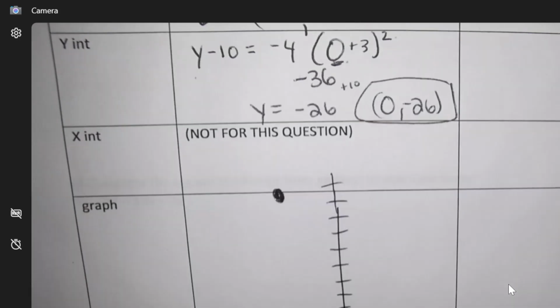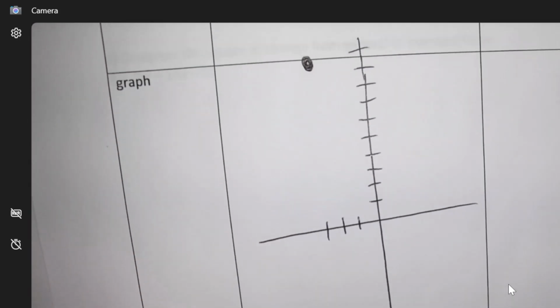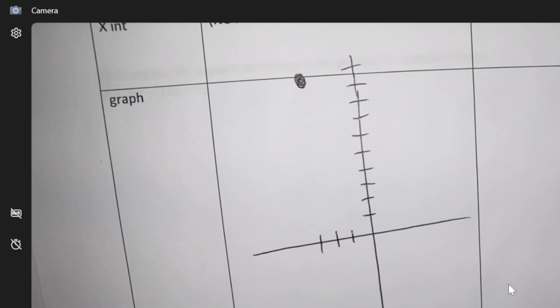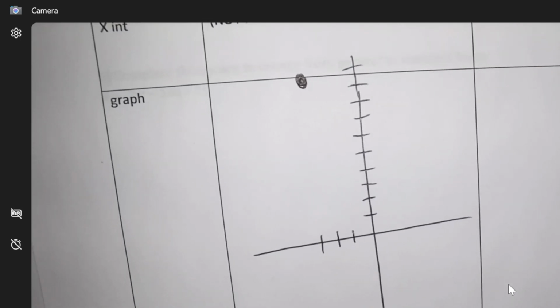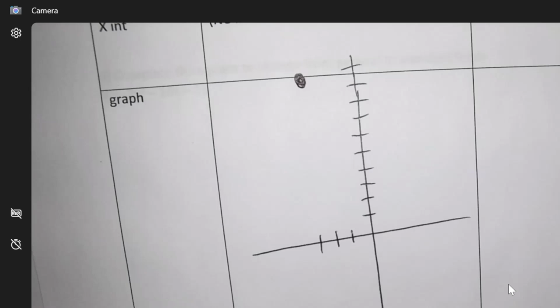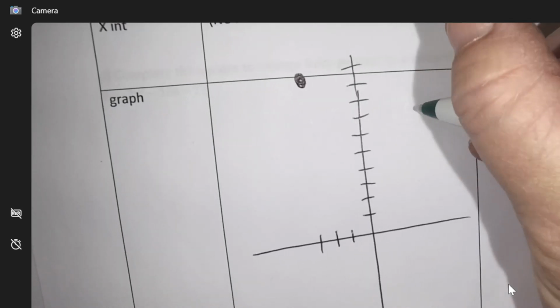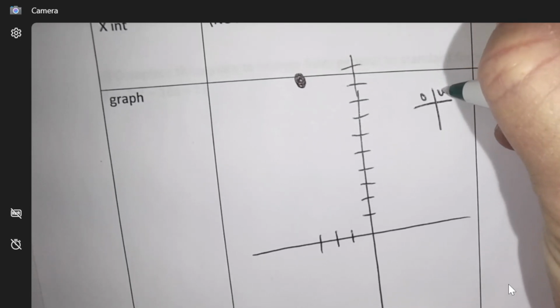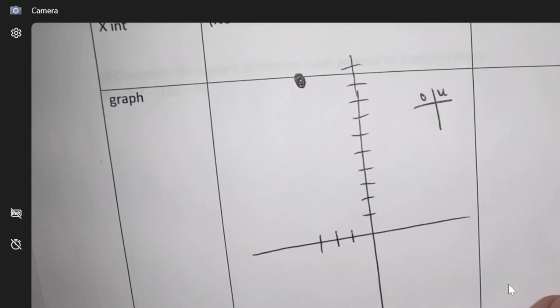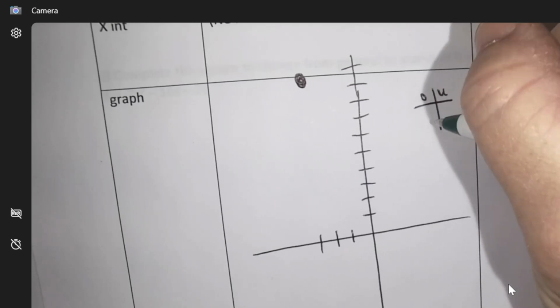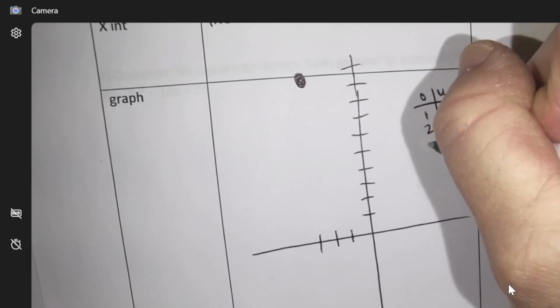Okay, and then a little quick graph here for this one. Don't worry on your test. I'm going to give you a grid. Okay, to graph, I'm going to have my little chart here, 1, 1, 2, 4, 3, 9.